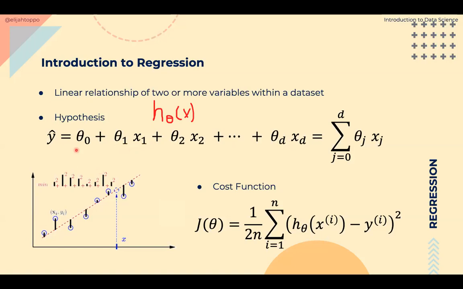But for theta 0, I have to make an assumption. The assumption is that I'm multiplying it with an artificial feature called x0. Can you tell me what should be the value of x0 so that I can represent this equation in this form? I'm introducing an artificial variable x0. What should be its value?